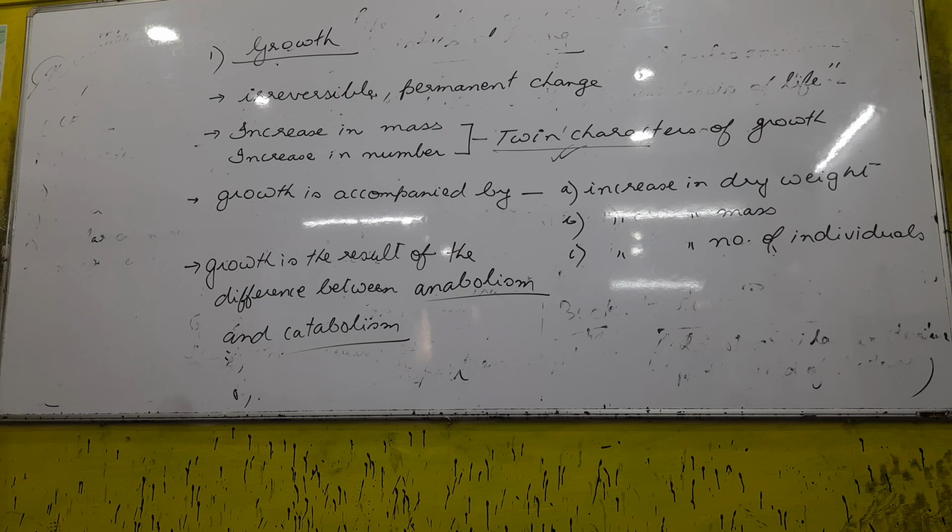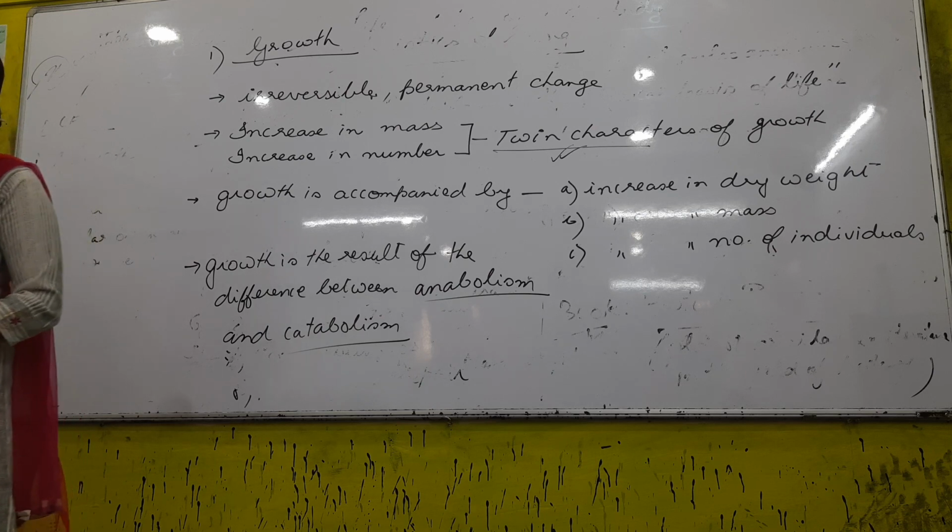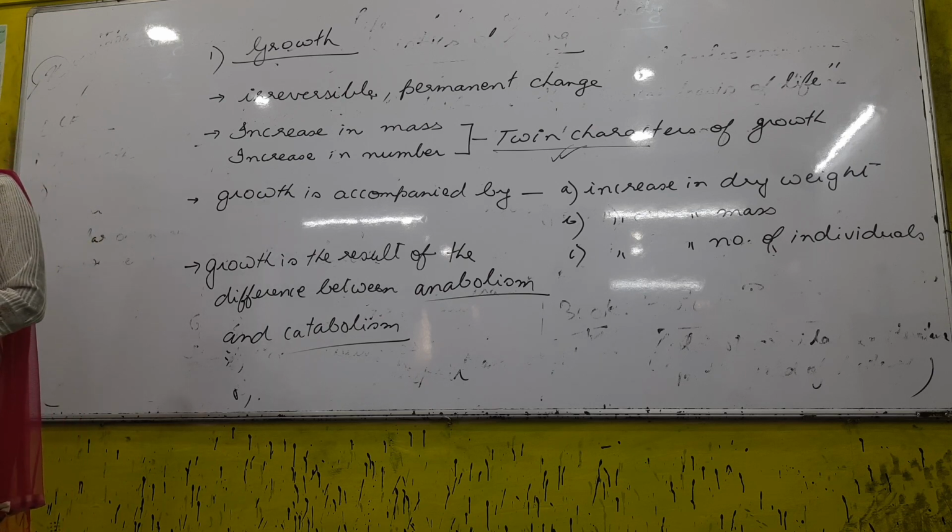A multicellular organism, like a baby, grows into a child, an adult, and matures. Does a bacterium keep changing its shape and become bigger? No. So growth in unicellular and multicellular organisms is different. In unicellular organisms, growth is nothing but cell division.